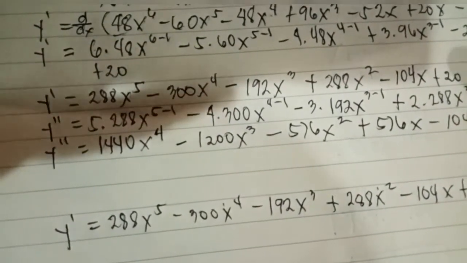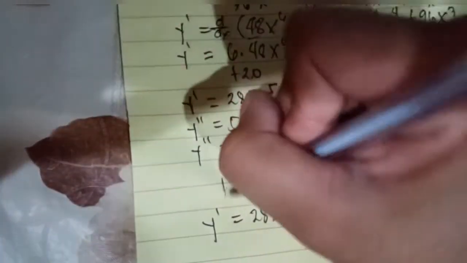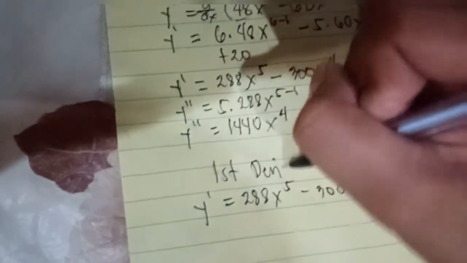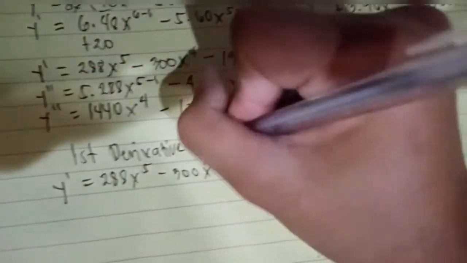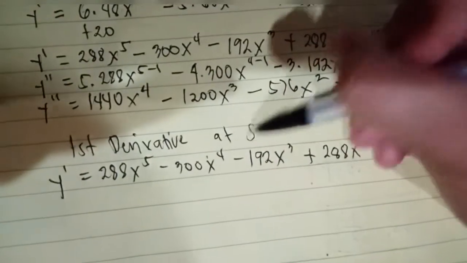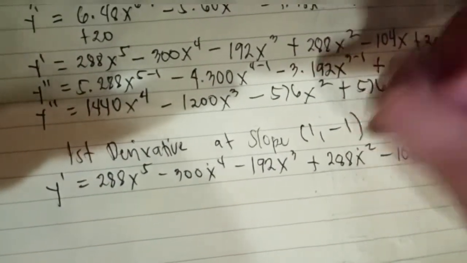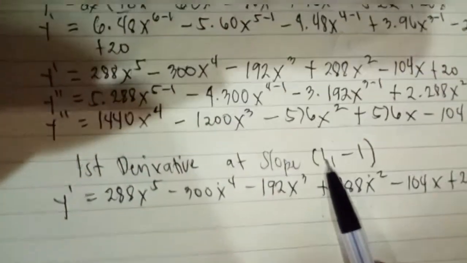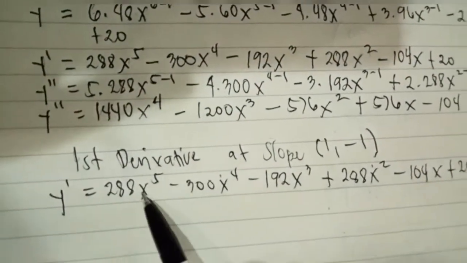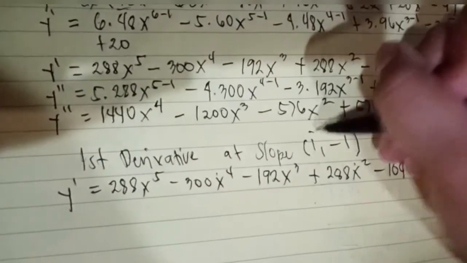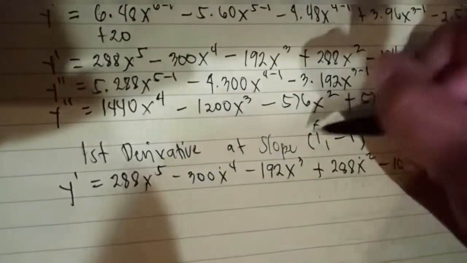So the first derivative at 1, negative 1. What we are going to do is just substitute the value of 1 to the x, since this is the x and this will be the y.